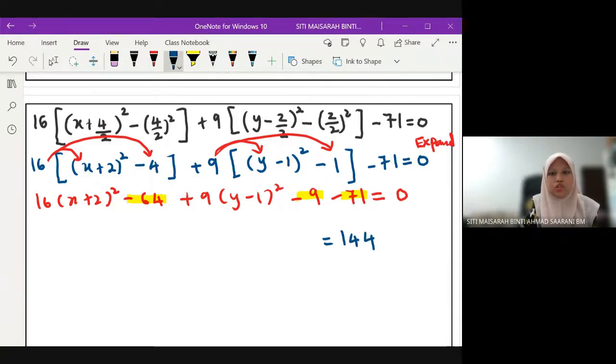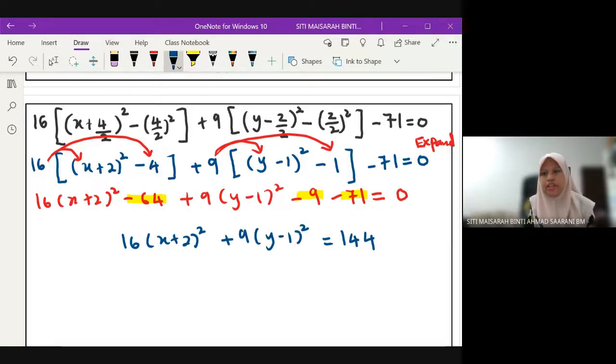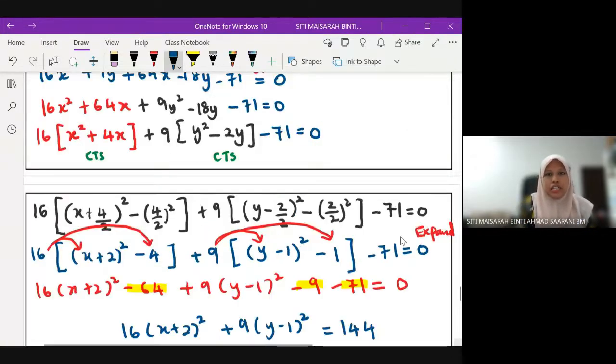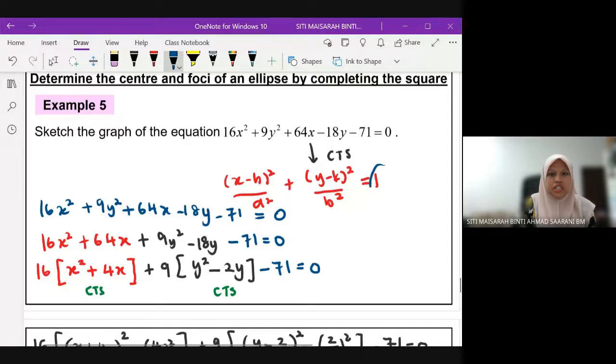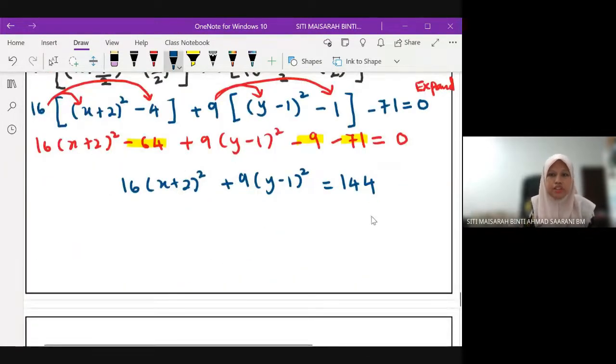Jadi equals to 144. Yang depan ni tinggal 16 x plus 2 square plus 9 y minus 1 square. Okay. So then sekarang ni kalau nak jadi equation of ellipse, dekat sebelah kanan ni suppose mesti jadi 1. So nak jadi 1 ini kita kena buat apa?